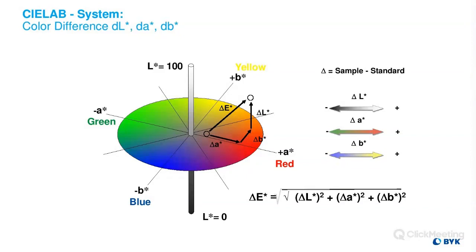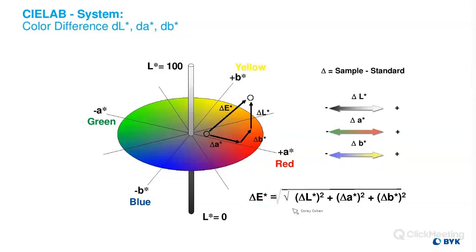And that number describes the overall difference between 2 colors, and it takes into account the L, the A, and the B. You calculate it with this equation: the difference in the L value squared, plus the difference in the A value squared, plus the difference in the B value squared, and then take the square root of the whole thing to arrive at the overall color difference.